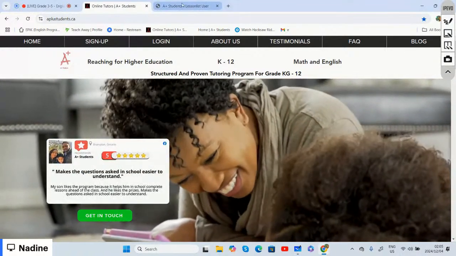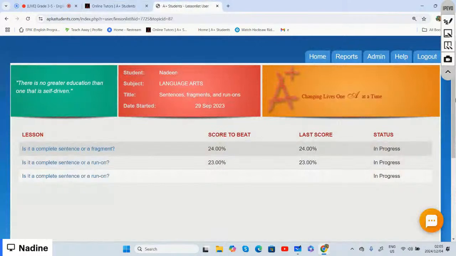And then we're going to scroll down until we get to our chapter on sentences, fragments, and run-ons.